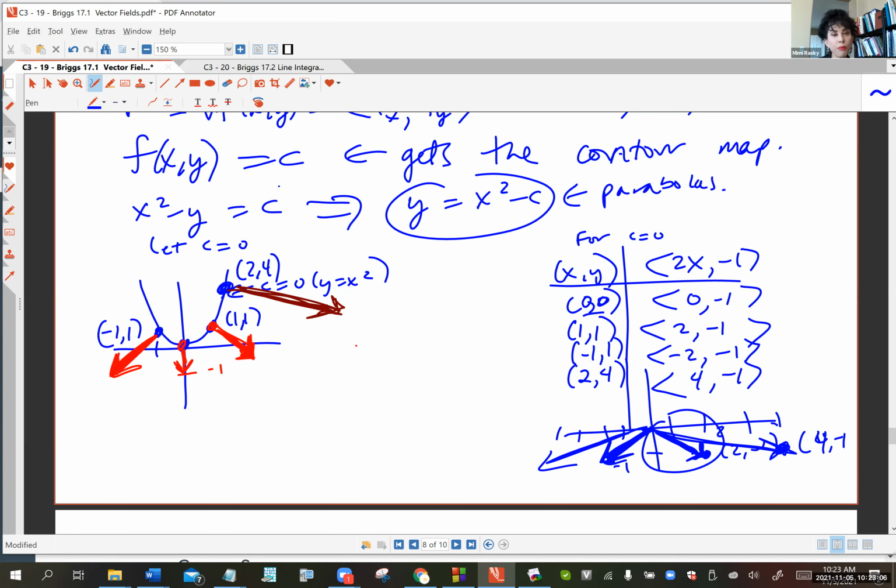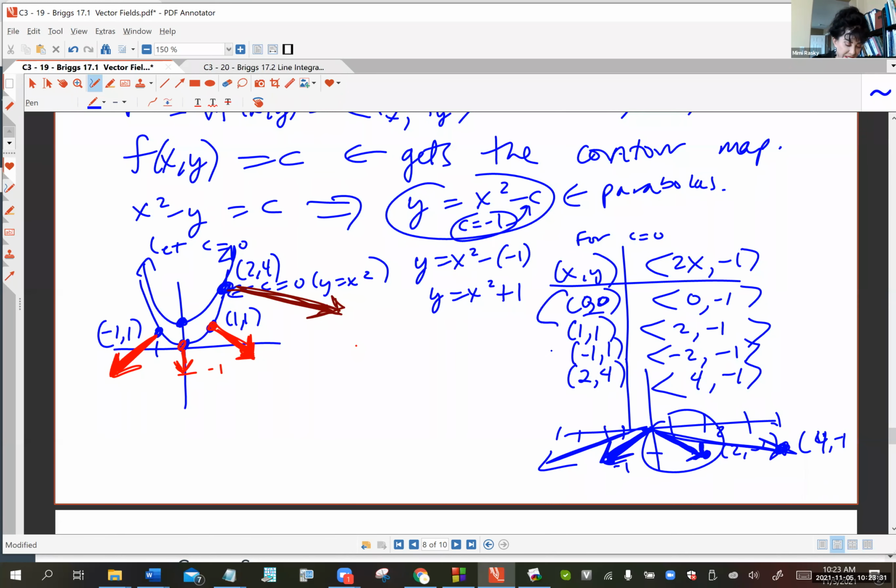Let's pick one more parabola to do business with. How about we do c equals negative 1. If we let c equal negative 1, that's y equals x squared plus 1, so that's just the parabola translated up by 1 unit.